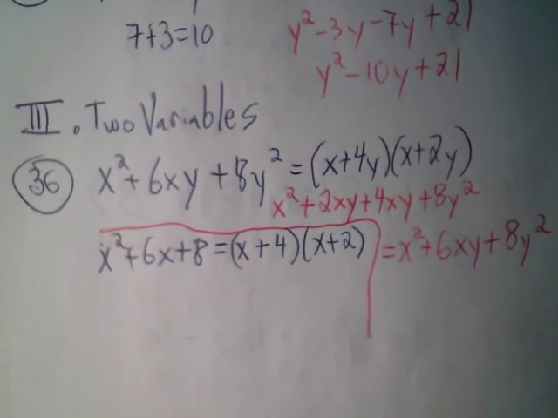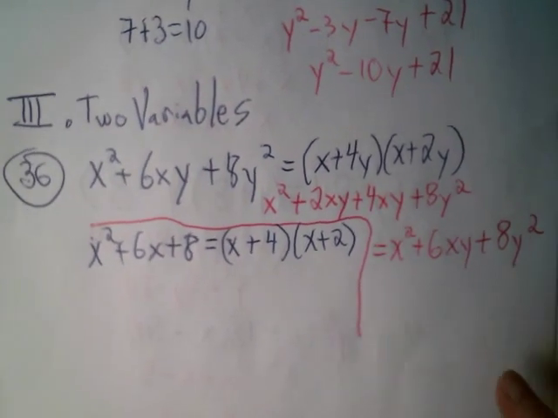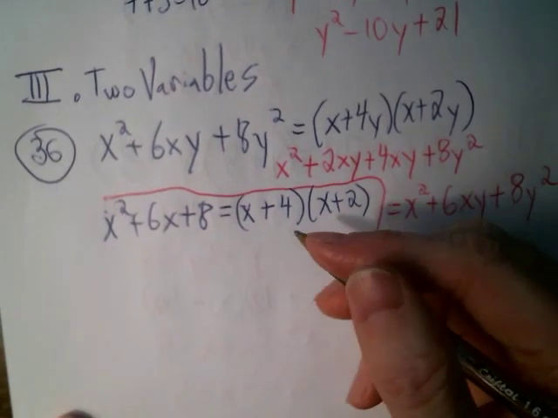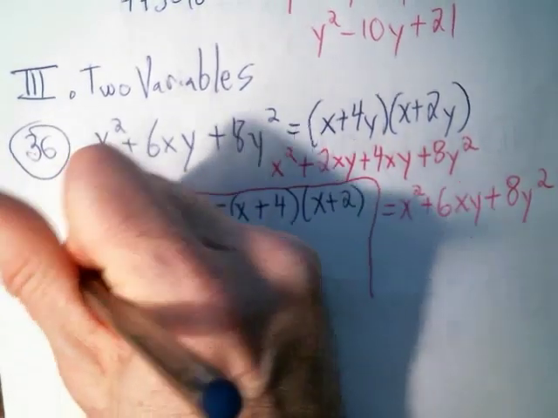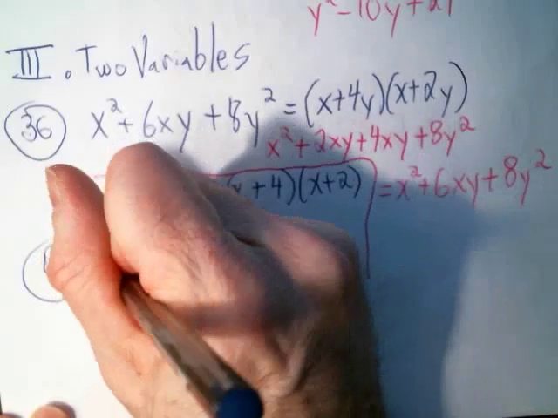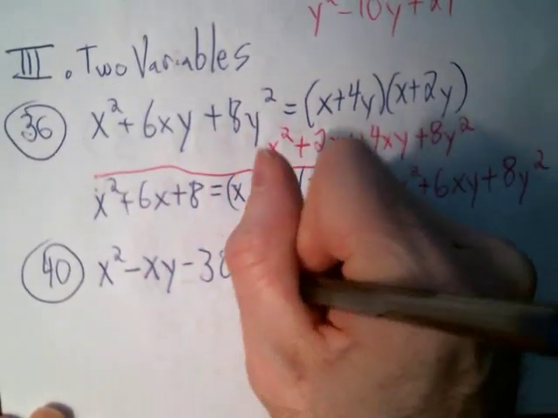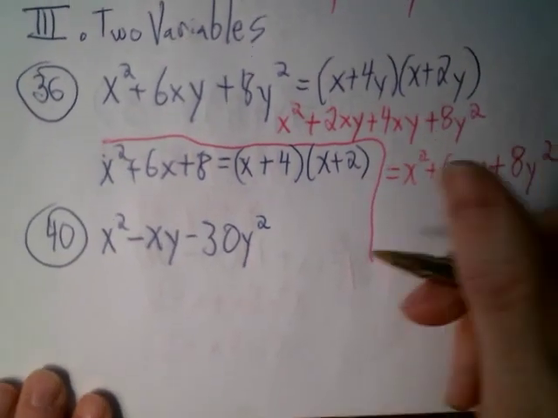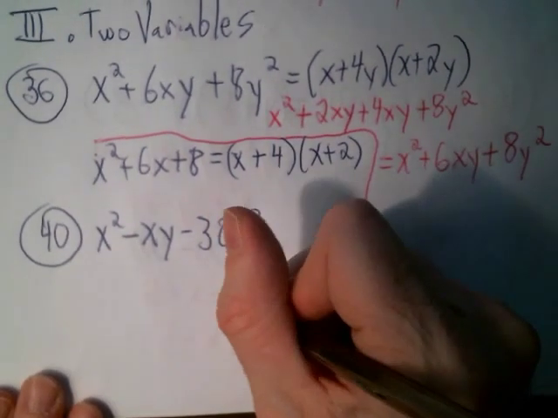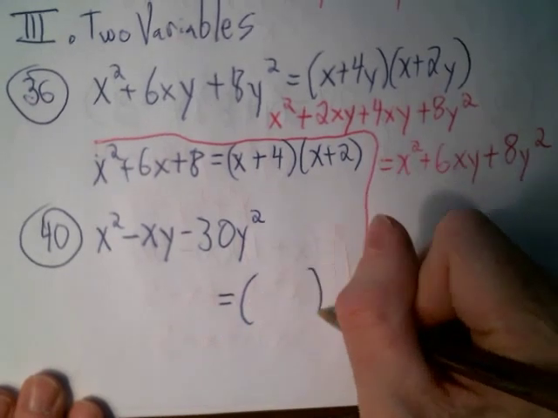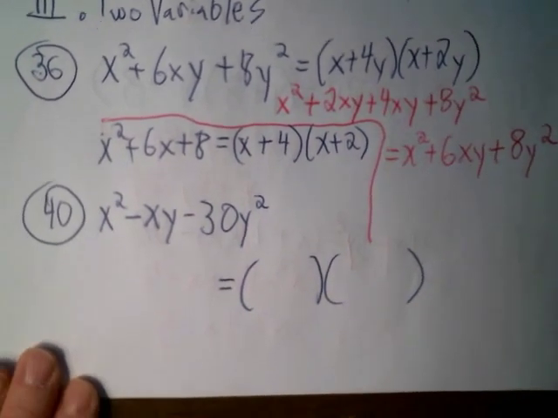Okay? So just one or two more. Let's try number 40. x squared minus xy minus 30y squared. I'm going to just work business as usual. I'm going to set up my parentheses.